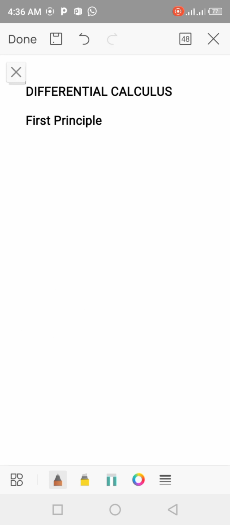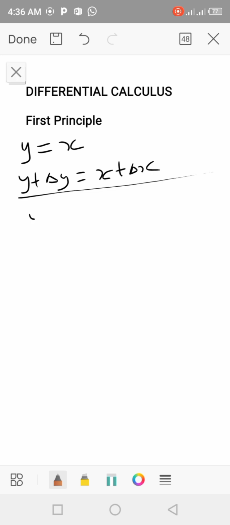Hi everyone, this is Pius Rabbi, and now I'm going to discuss the first principle in differential calculus. So the initial settings of first principle can be done in this manner. Let's say y is equal to x, then y plus change in y is equal to x plus change in x.